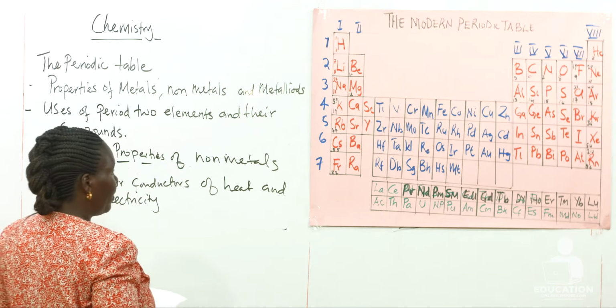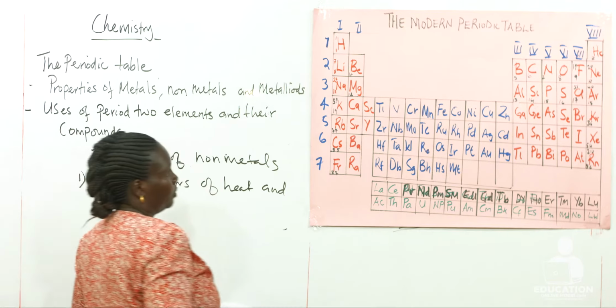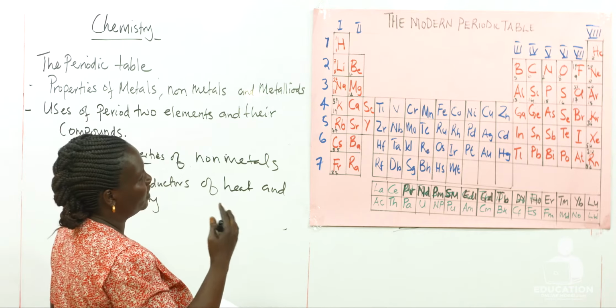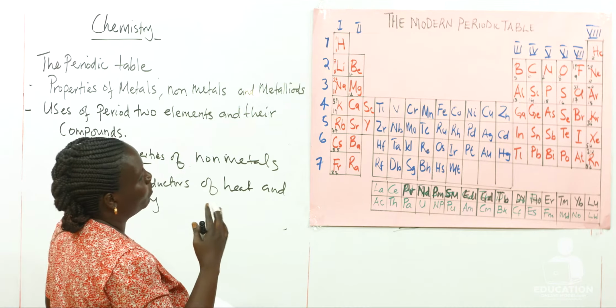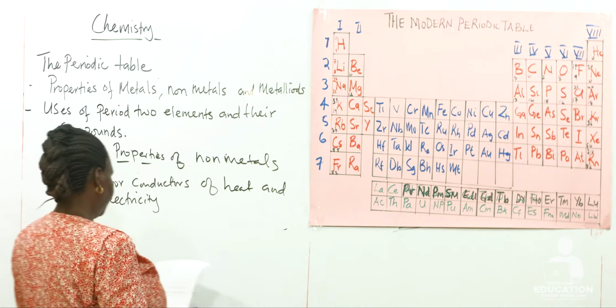Non-metals, we find them at the right hand side of the periodic table, specifically groups 5, 6, and 7.